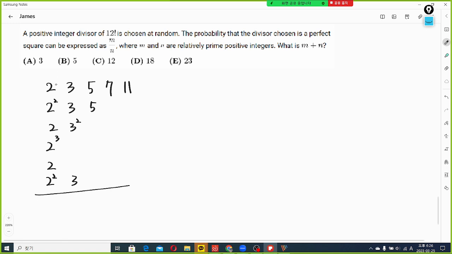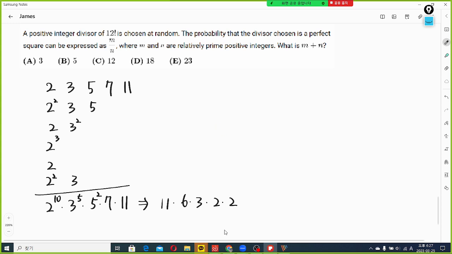How many power of 2? So from this factorization, we can find the number of divisors by adding 1 to each exponent and multiplying them. So this product is the number of factors for 12 factorial.